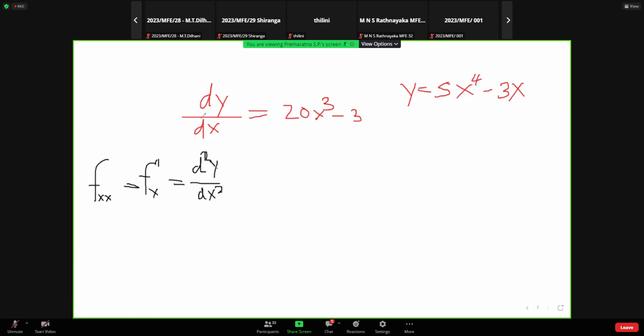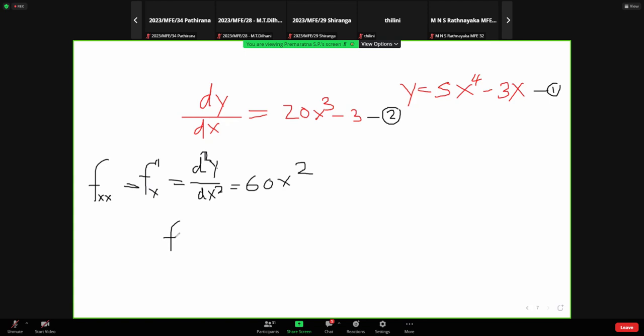So here the first time was already done. Now if you differentiate what you've done right now, the second equation, this is the first one. That's what we call second order differentiation. Here 3 times 20, 60x². So this you can differentiate further, because here you can do the third order differentiation also.